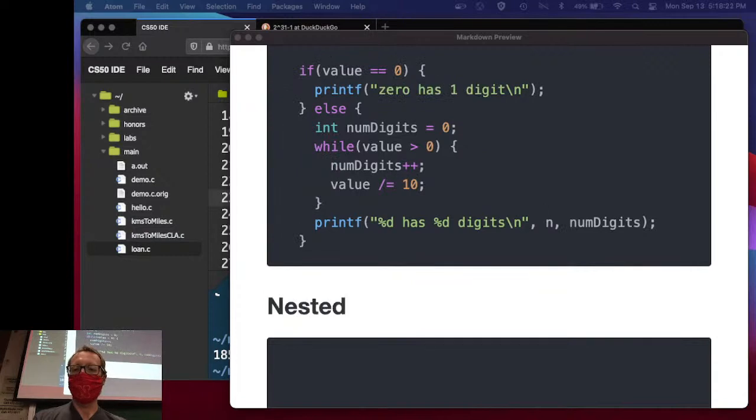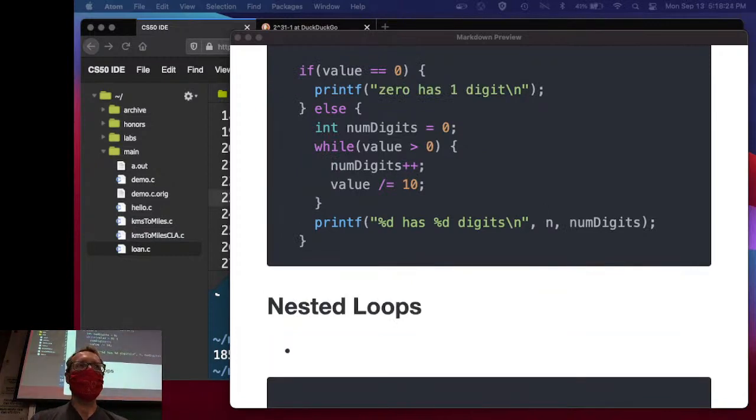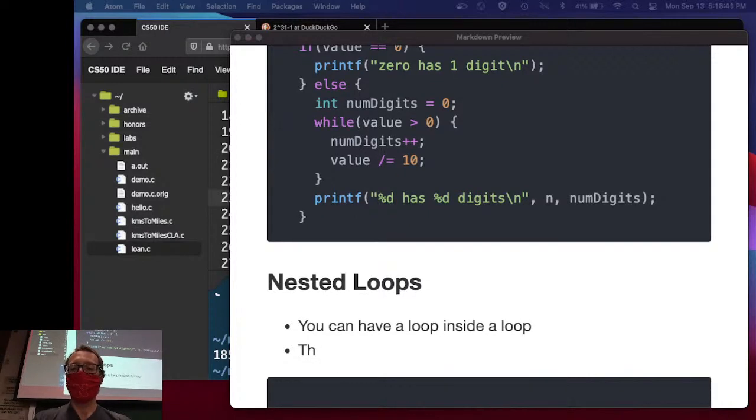Nested loops. Just as with if conditionals, you can have code within code blocks, within code blocks, within code blocks. You can do the same thing with loops. You can have a loop inside a loop. We refer to them as the outer loop and the inner loop.